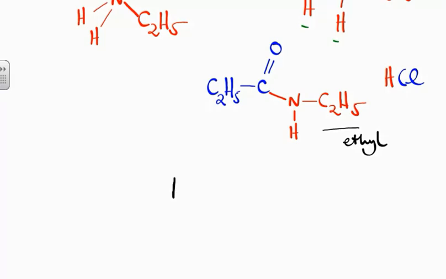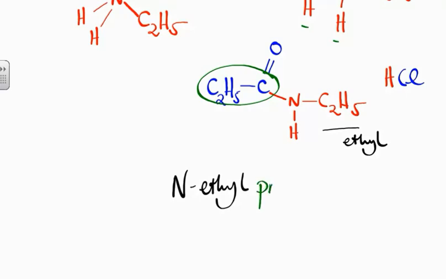So ethyl, so it's N-ethyl, and then 3 carbons makes it propanamide. So N-ethyl propanamide. Well done if you got that.